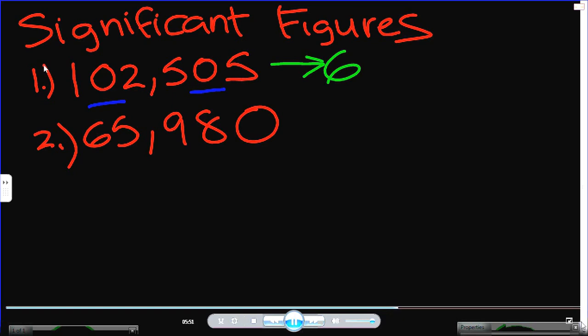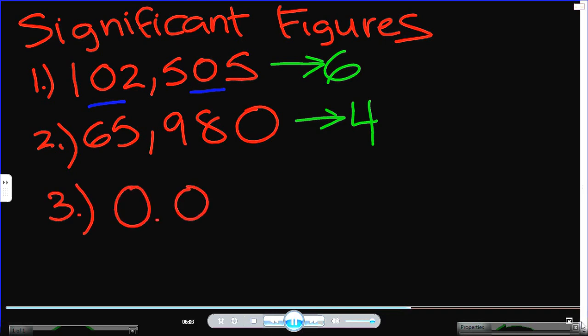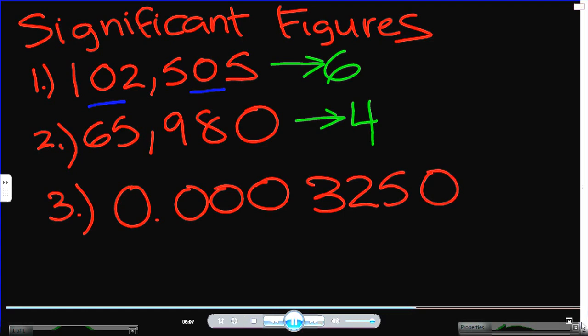And if you recall, any number that falls between 1 and 9 is going to be significant. So when we count them, we end up with the 6, 5, 9, and 8 actually being significant in this case. And so you want to be mindful of the placement of zeros, because we're going to do another example where we're going to have a mixed bag of both significant zeros and non-significant zeros. And so let's take a look at that.